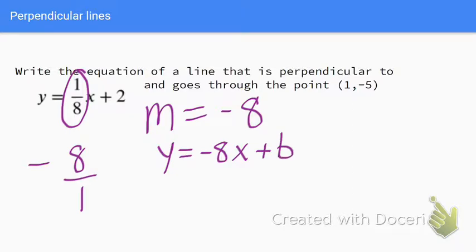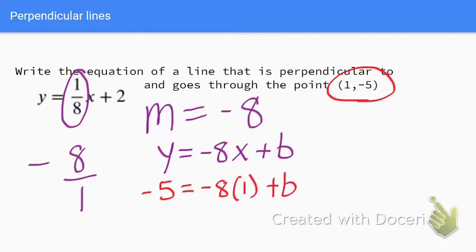How do I solve for the unknown b now? Plug in the point. So now I'm going to replace y with -5 and plug in 1 for x and solve for b.